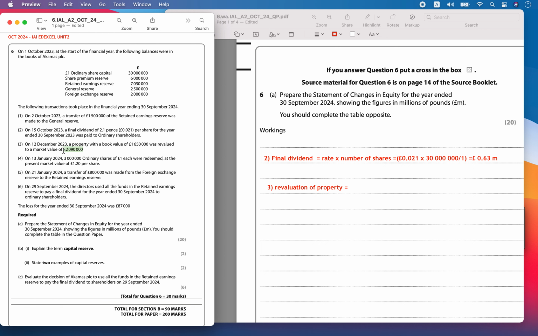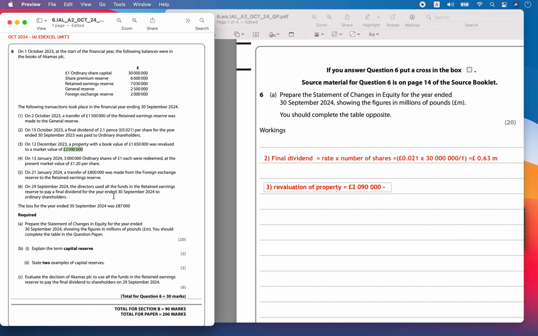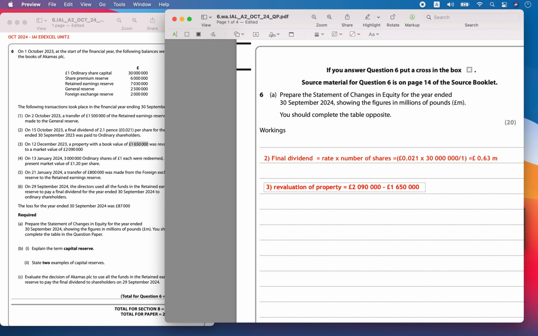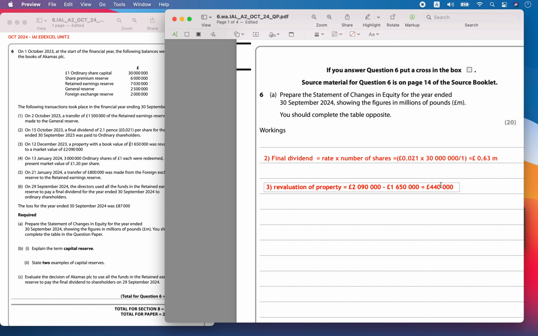We can see that it has been revalued upwards, to 2,090,000 minus the earlier 1.65 million. The difference is 440,000, which in millions is 0.44 million.